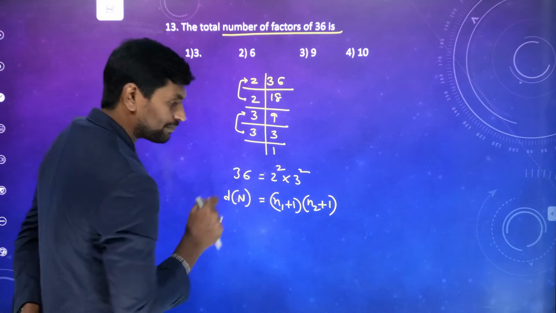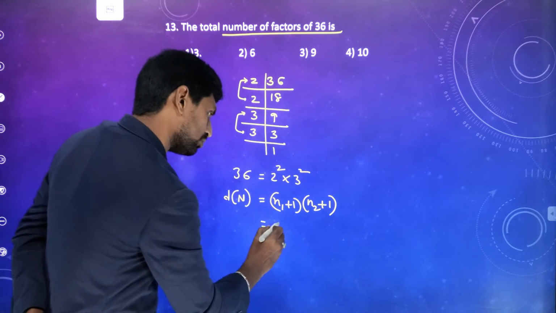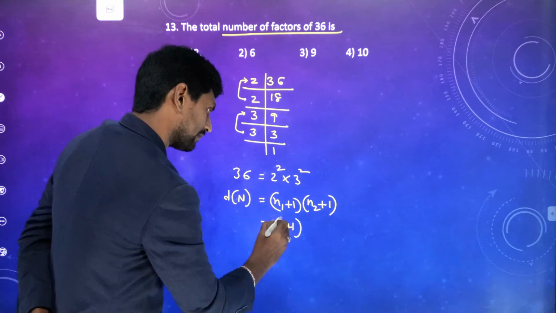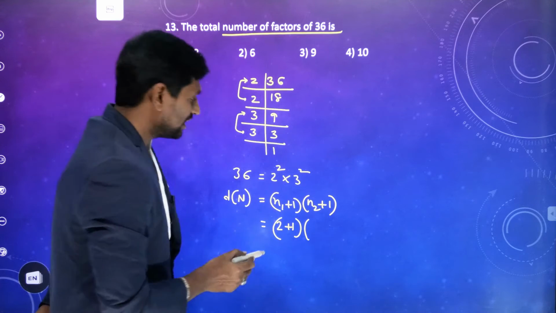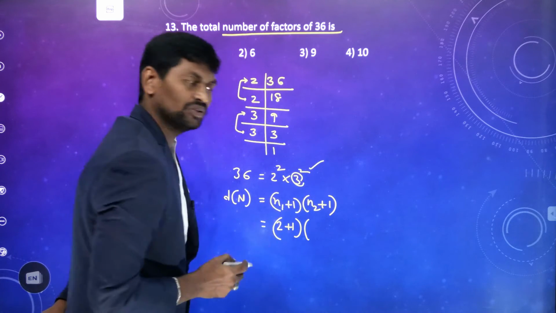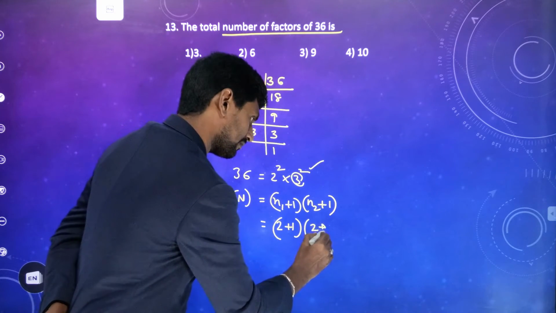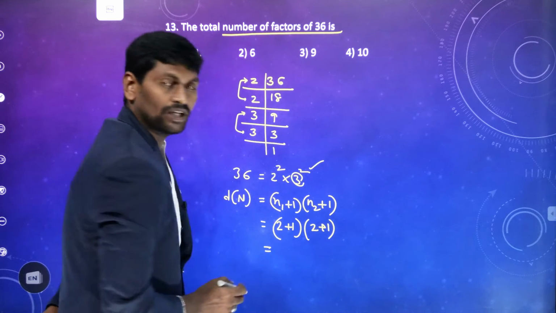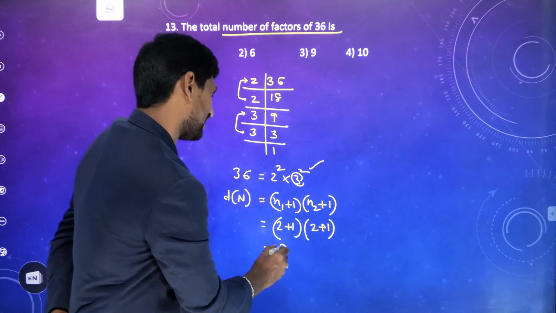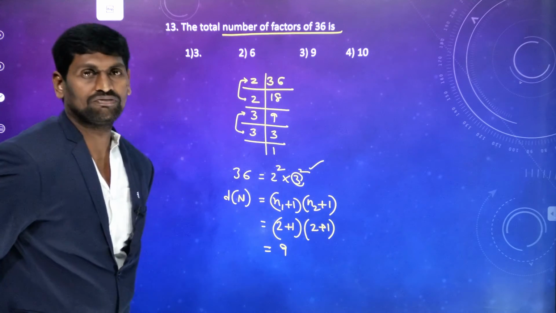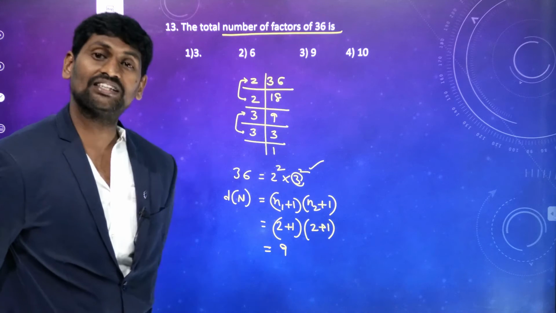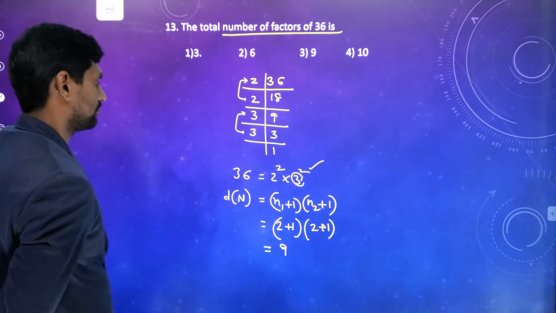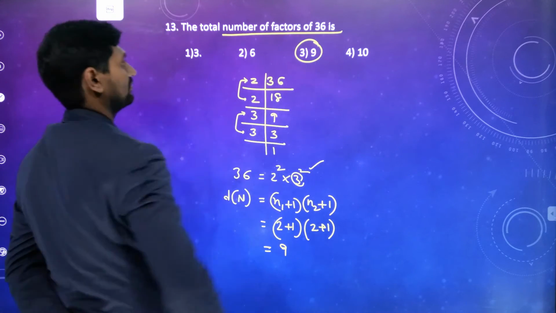What is the exponent of prime number 2? It is 2, so 2 plus 1. The exponent of prime number 3 is 2, again 2 plus 1. So 2 plus 1 is 3, 2 plus 1 is 3, and 3 threes are 9. So the total number of factors or divisors, all are the same: the answer is 9, the third option.